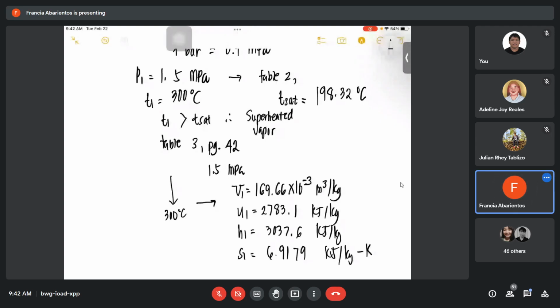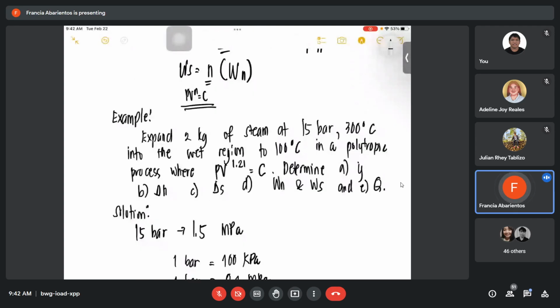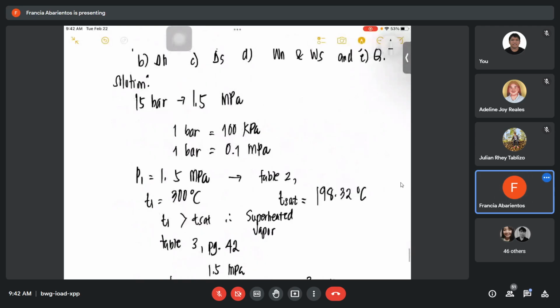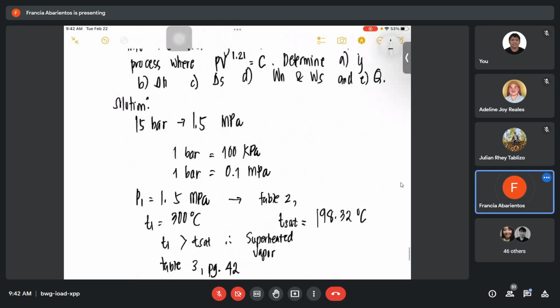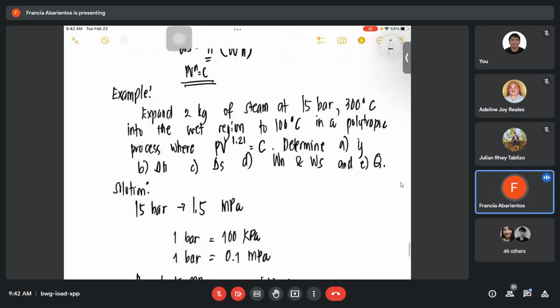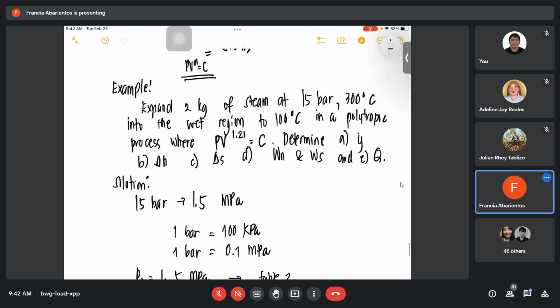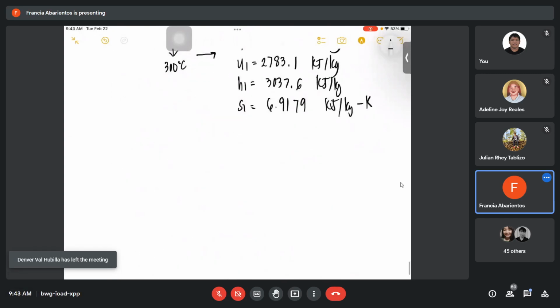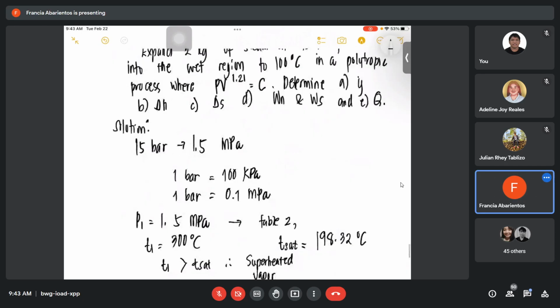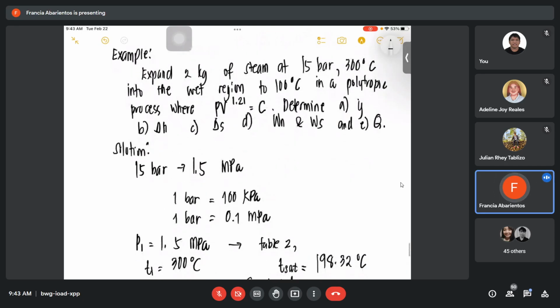What's next? Since the problem says wet region and a polytropic process with PV to the 1.21, go to Table 1 for state point 2. At point 2, the problem says the saturation temperature in the wet region is 100 degrees Celsius.